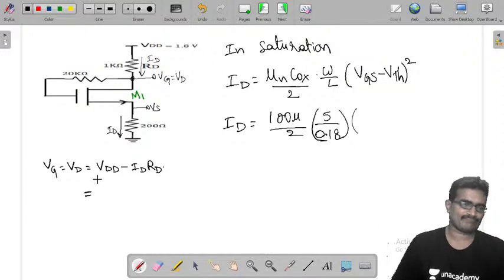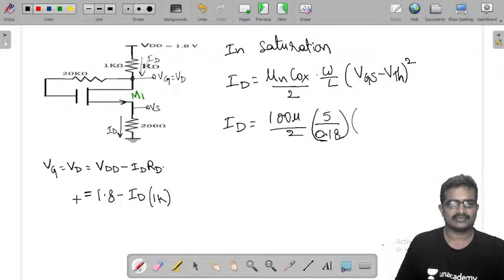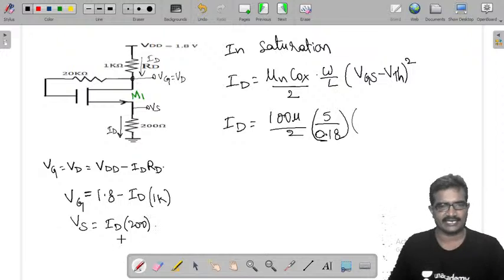VDD is 1.8 minus ID into RD value 1K. That is VG. Okay, and VS value is ID into 200 ohms, 200 ID.